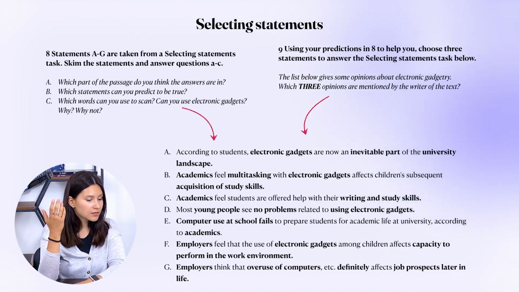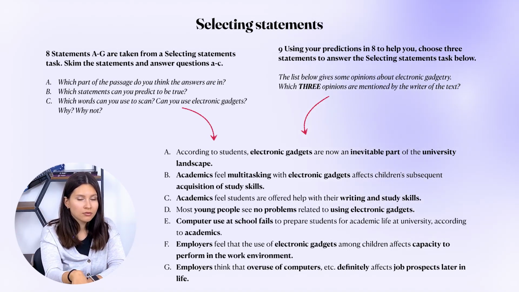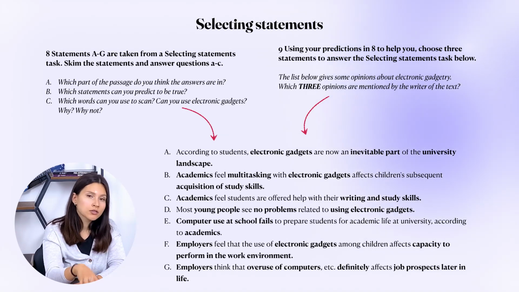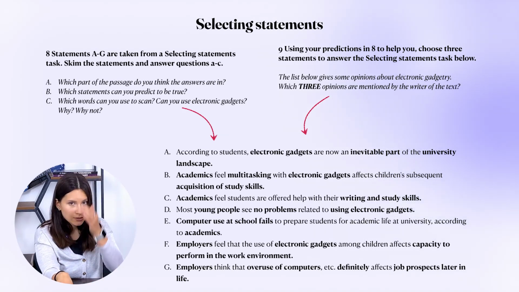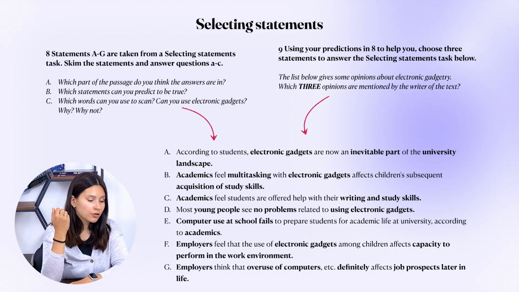Next, academics and writing and study skills. In this case, they accentuate the part of the communication process which requires writing and studying. All right, so D: young people, no problems using electronic gadgets. In this case, they talk favorably about electronic gadgets. Young people, not academics.